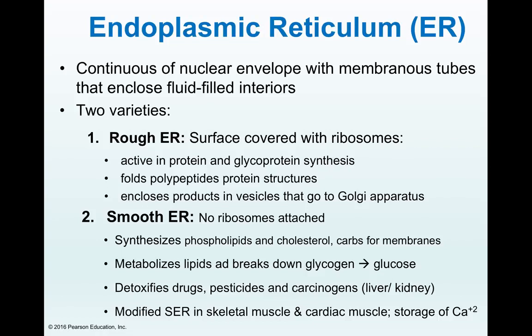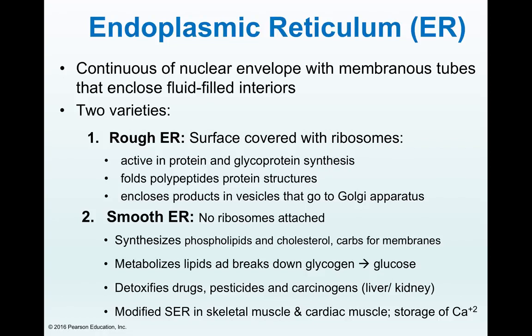When the protein is folded and is ready, it gets delivered inside a vesicle, and within that vesicle you have multiple proteins, which are delivered to the next structure, called the Golgi apparatus. I will talk about that in just a moment as well.